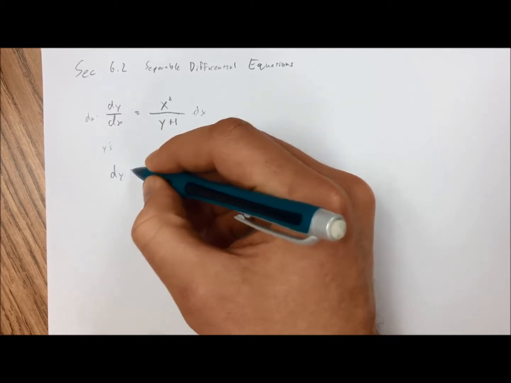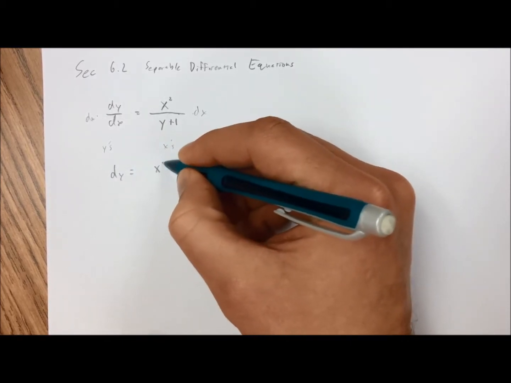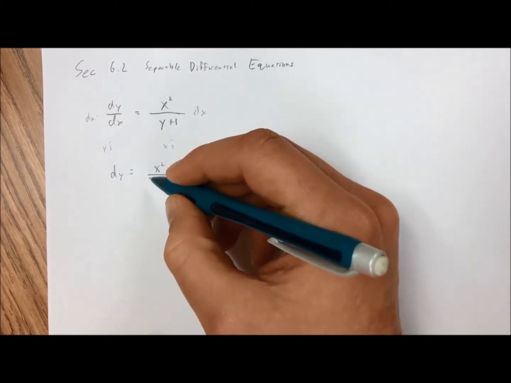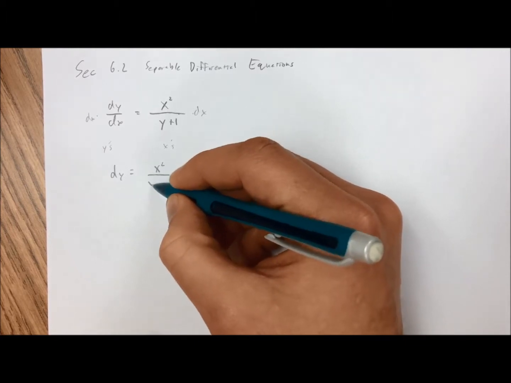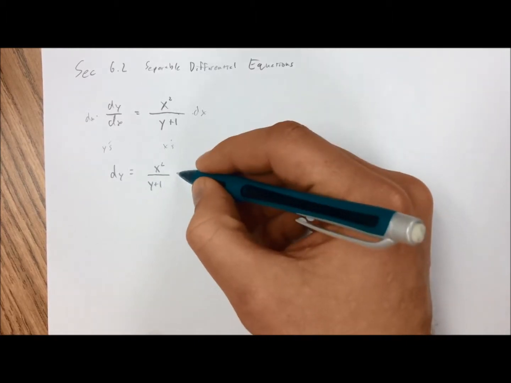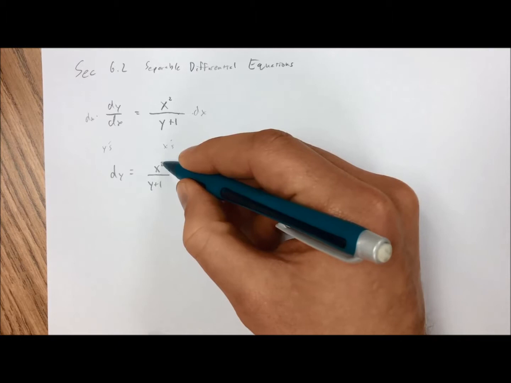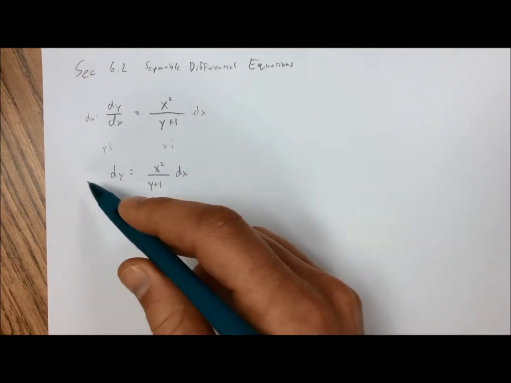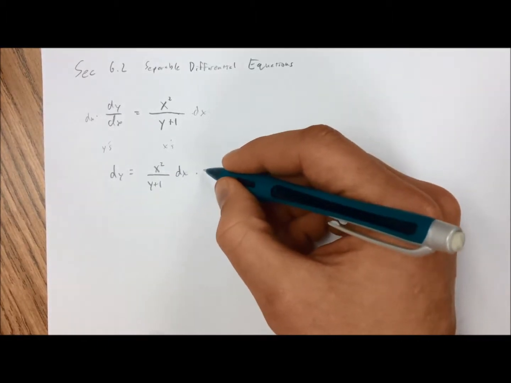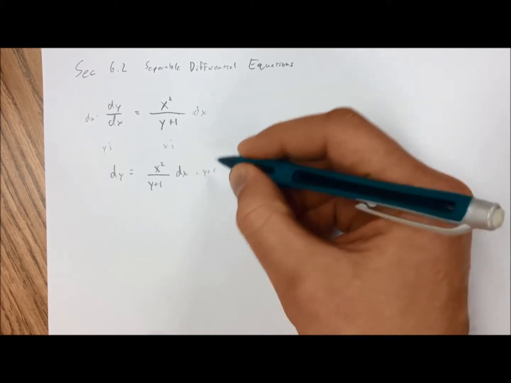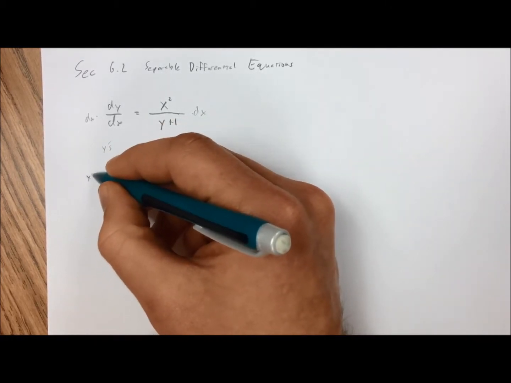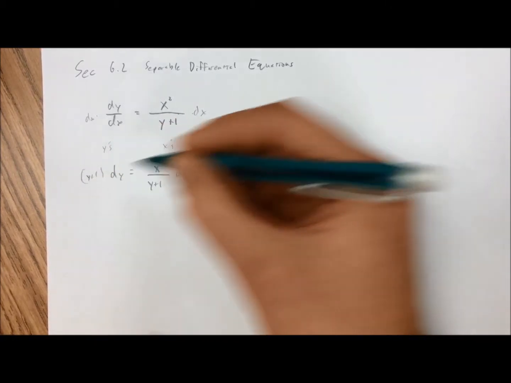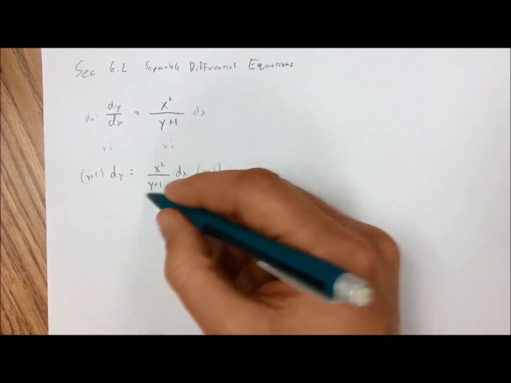I'm going to get dy is equal to x squared over y plus 1 dx. And we'll get the y's over here. So we'll multiply both sides by y plus 1. So those cancel.